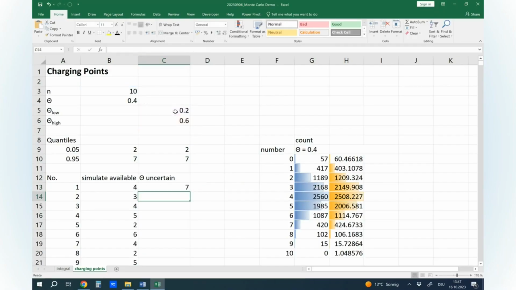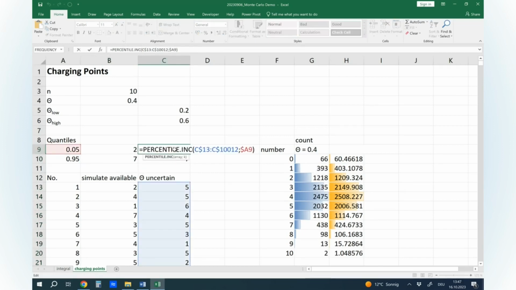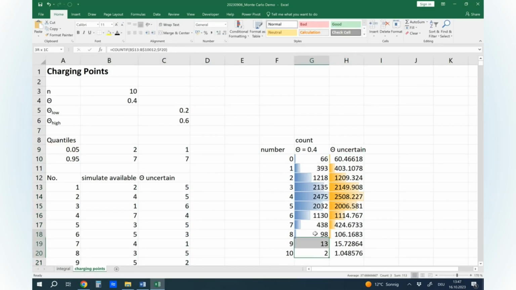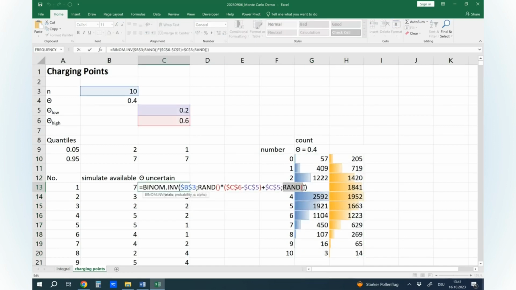Let's take a look at the results. The quantiles change somewhat, and we see that the distribution becomes visibly wider when theta is randomly generated. This is understandable, considering that we are now dealing with not just one, but two elements of randomness. This dual layer of uncertainty naturally contributes to an overall increase in the level of unpredictability.